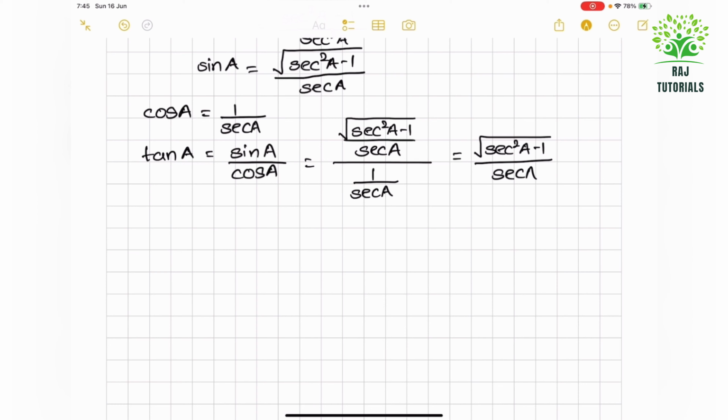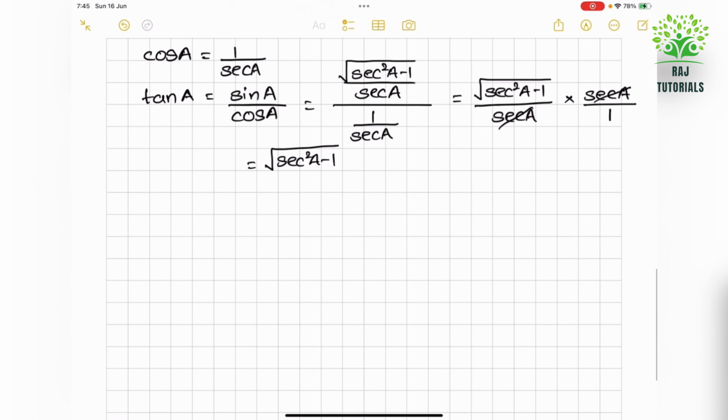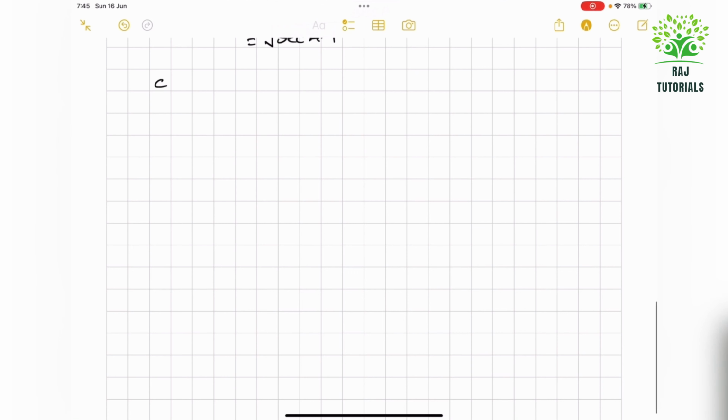So this I will get as root of sec square A minus 1 upon sec A into sec A upon 1. So sec A cancel. So I will get root of sec square A minus 1.